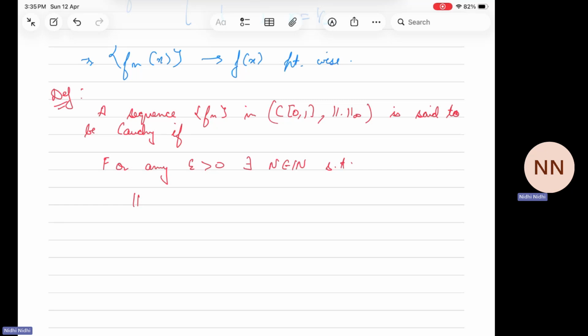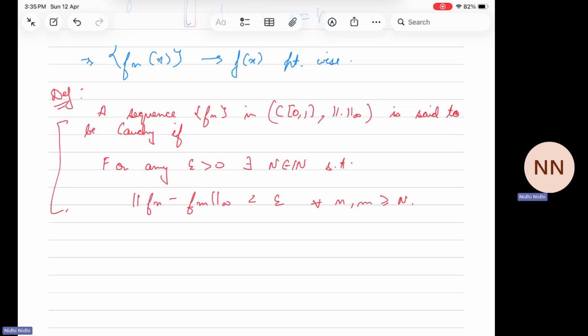If you remember, I told you while introducing the term norm that norm is a kind of generalization of modulus. Whatever modulus does in the real line, norm does in abstract spaces. So this will be norm of Fn minus Fm is less than epsilon for all n and m greater than or equal to N. If this condition holds, then we say that the sequence is Cauchy.